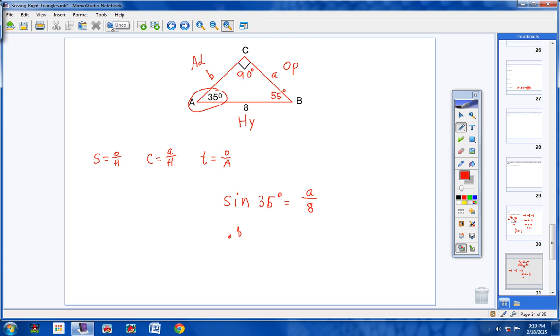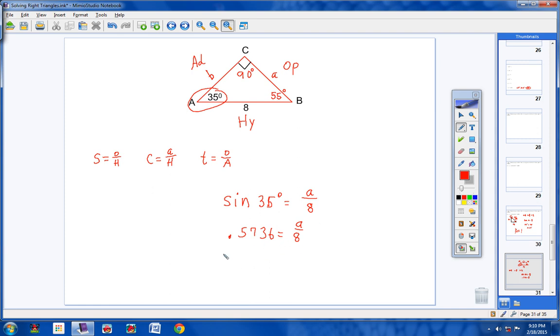0.5736 equals A over 8. Now next, students, I'm going to get rid of my fraction. Remember, whatever the denominator is, in this case it's 8, you multiply both sides by 8.